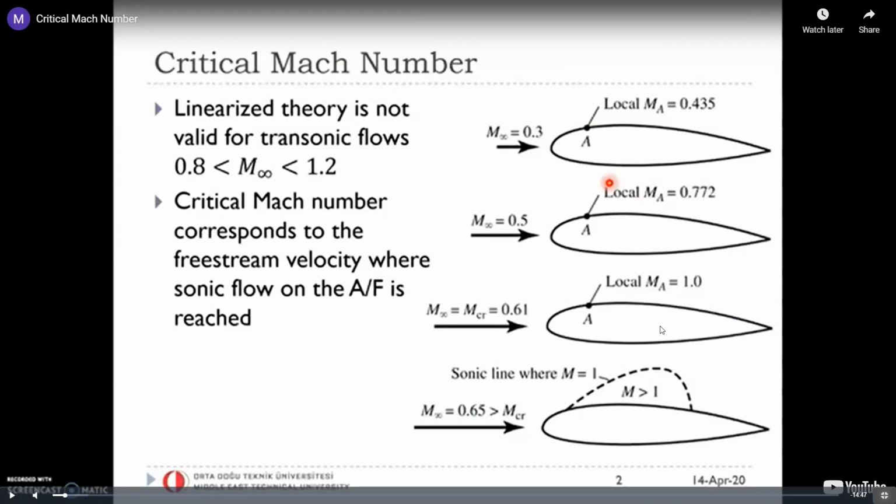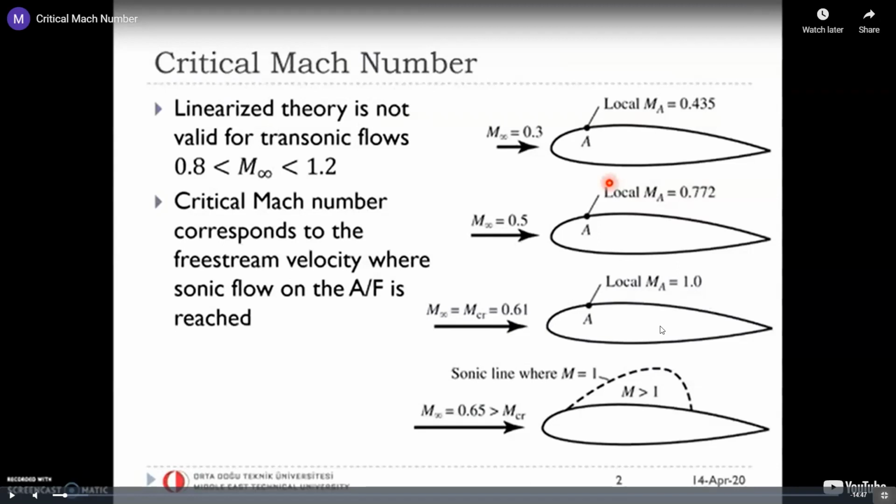And this region, in fact, we have a special name for it, which is the region between Mach 0.8 and Mach 1.2. We call it the transonic flow region, transonic. The flow physics in this region is quite complicated, and somewhat different than what we have seen so far.